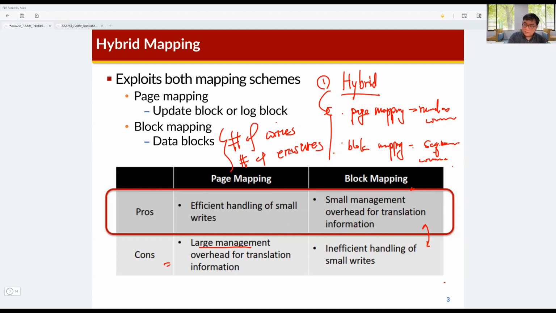That means the host system just gives one write operation, but this write operation causes more write operations to NAND flash memory. Inefficient management is the disadvantage of this block mapping mechanism.